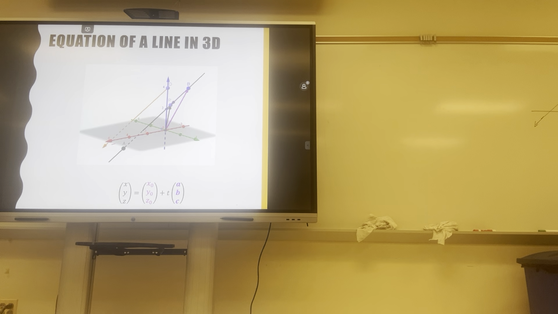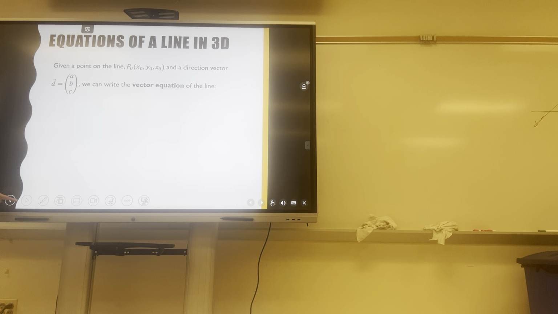The vector form is the first form, but you need to know 2 other forms, and you need to know how to convert between the 3 forms, because depending on the information that you're given or what you're going to do with the line in terms of solving problems, sometimes you need the line to be in one form versus another because it's more convenient to work with the process that way. So we will have not only vector form, which is here, but there are two other forms, the next of which is parametric.